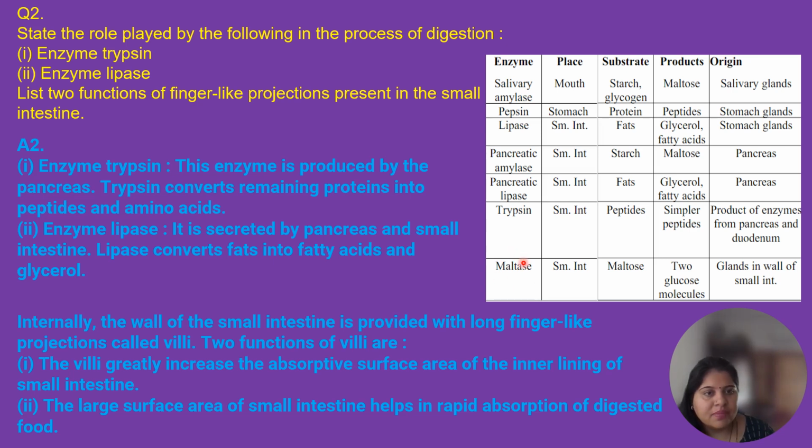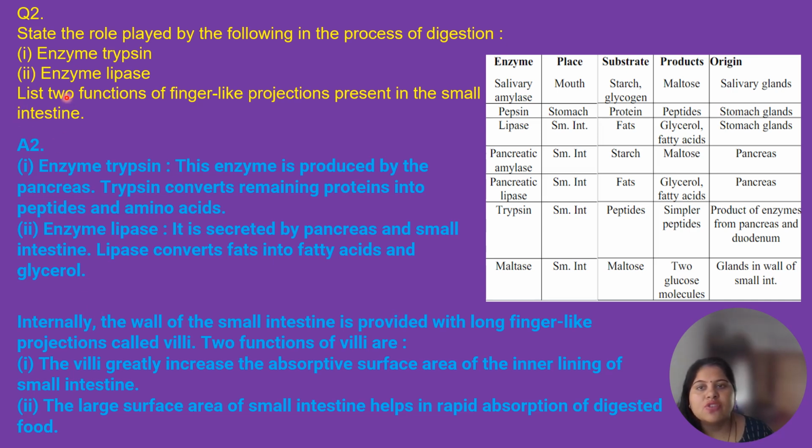This enzyme is also secreted from the glands which are present in the wall of the small intestine, and it works on the maltose and converts that maltose into glucose molecules. When maltase works on the maltose, then maltose gets broken down into two glucose molecules. So this table is important. You should go through this and you should learn this table.